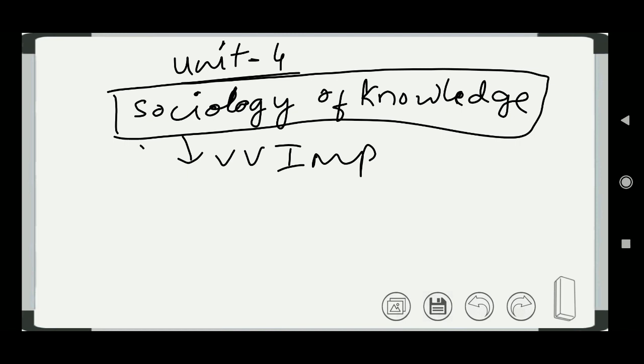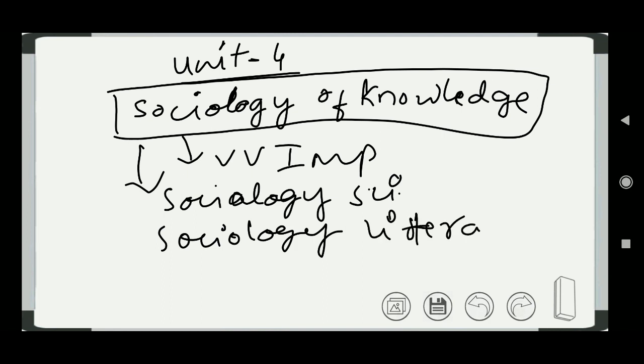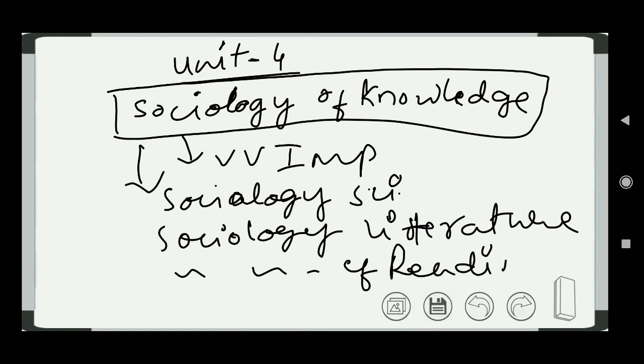In this concept, sociology of science, sociology of literature, and sociology of reading. These three are very important here, so be prepared.